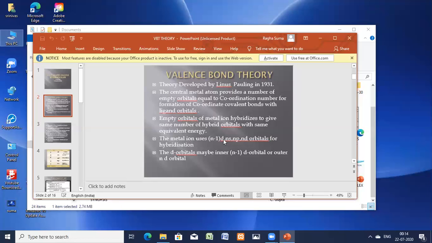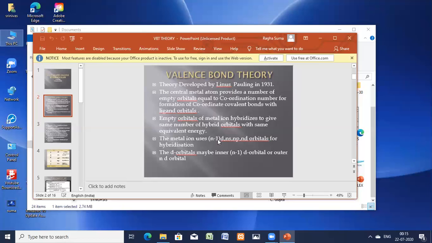In the d orbital, you have nd as well as n-1 d. For example, 4s, 4p, 4d. Here n is 4, so what is n minus 1? 4 minus 1, so 3d is also there. What does n minus 1 mean? The innermost orbitals.